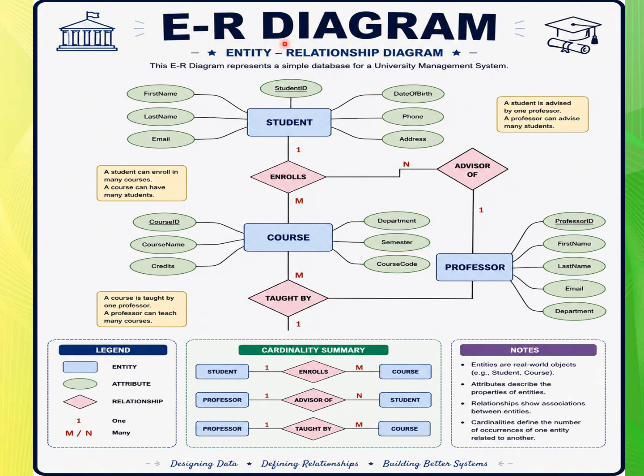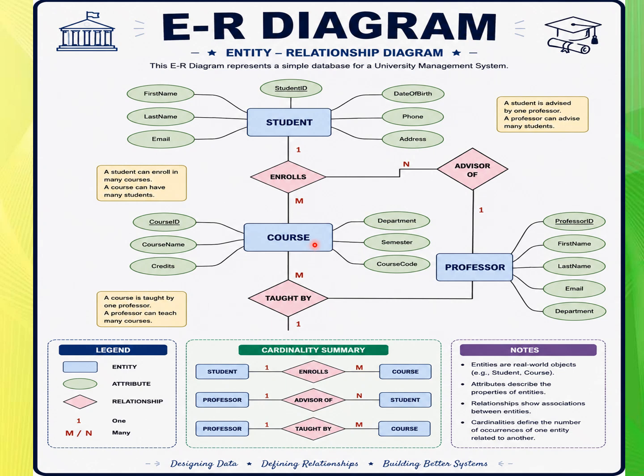This ER diagram represents a simple database for a university management system. In a university management system, we have different entities that are student, course, and professor. The attributes of student are student ID, first name, last name, email, date of birth, phone, and address.